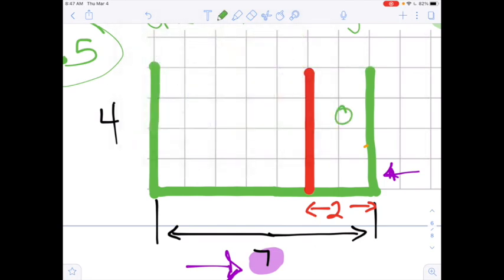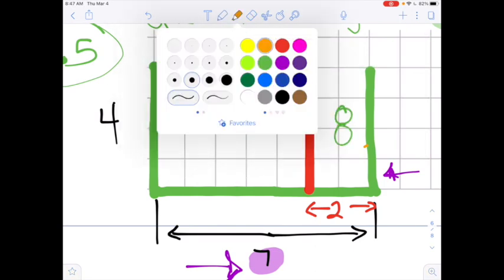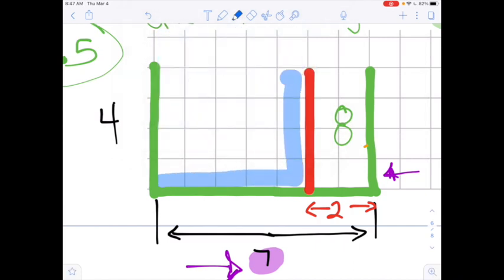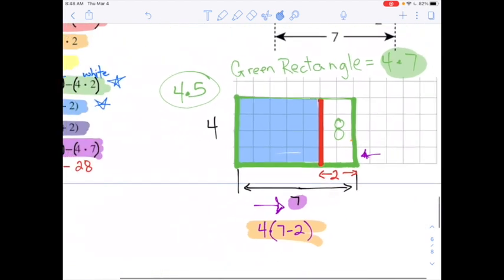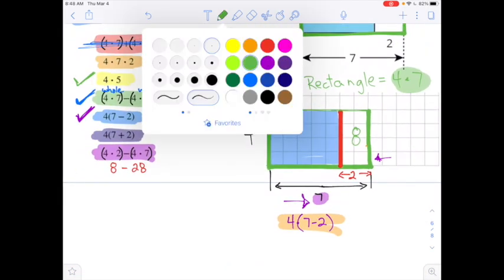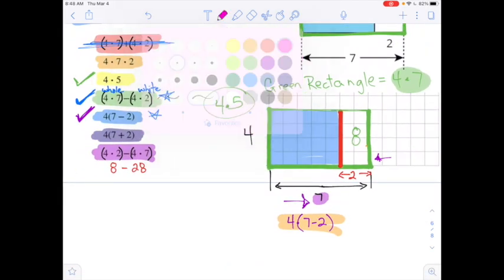So there are 8 little white squares. So if I start with those 8 squares, I can't take away 28. 28 was all of the squares inside the green rectangle. I only have 8. So that one doesn't make sense. The pink one doesn't make sense. Cross that one out.